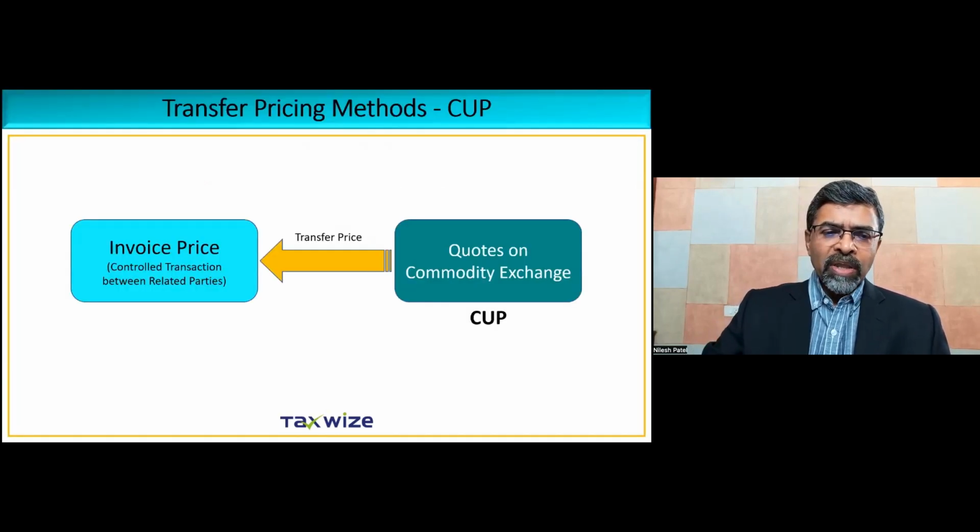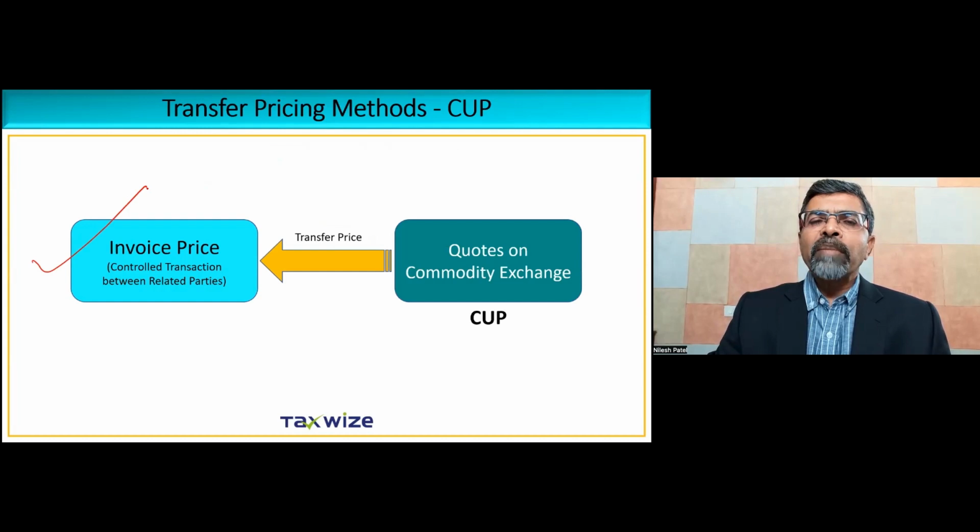Here is a commodity transaction. This is a transaction between related parties, and we have to determine the arm's length price, which we have to put on the invoice. And here are the quotes of the same commodity product available on commodity exchanges like Dubai Gold and Commodity Exchange, New York Mercantile Exchange, London Metal Exchange, Chicago Board of Trade, etc. So these quotes can be taken as comparable uncontrolled price.